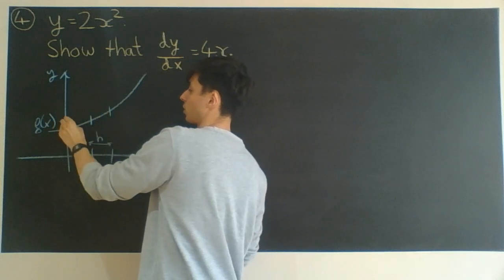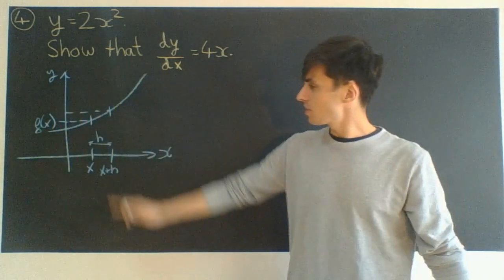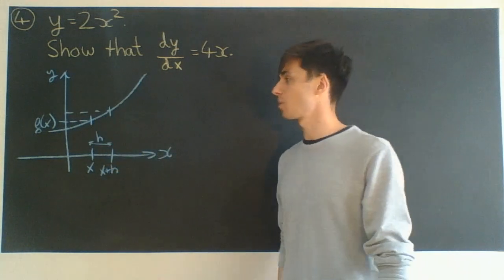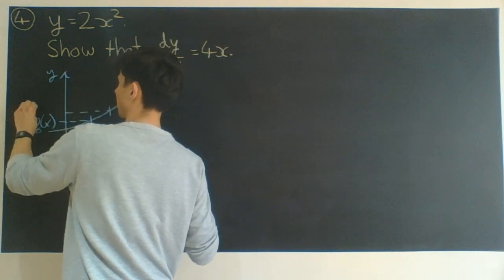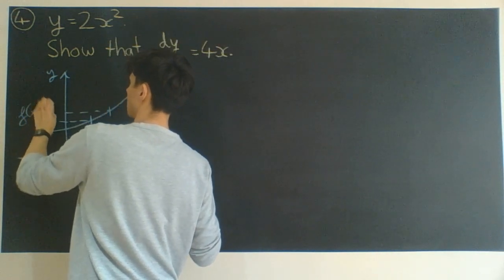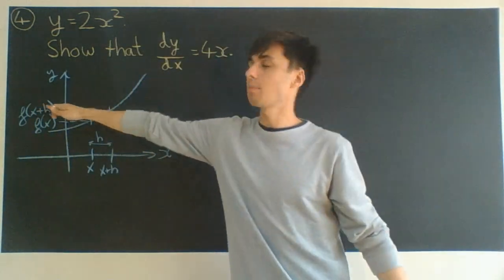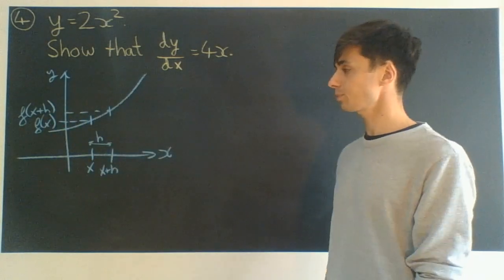And if we then look at this point here, where x was now x plus h, at this value of y, we have got f brackets x plus h. We put x plus h in, and we've got this function f of x plus h out.